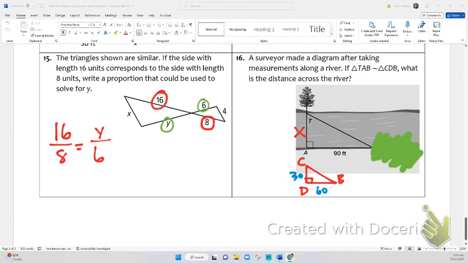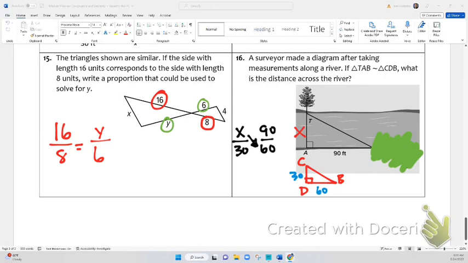Again, it doesn't matter how you do it, you just have to match corresponding parts. So I'm going to start with the big triangle. I'm going to go big triangle, height, small triangle, height. And then I'm going to go big triangle, base, small triangle, base.